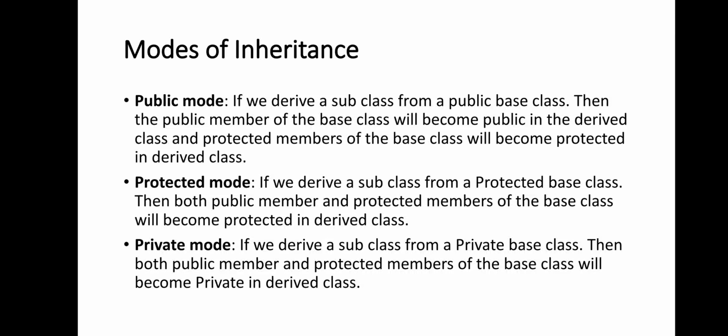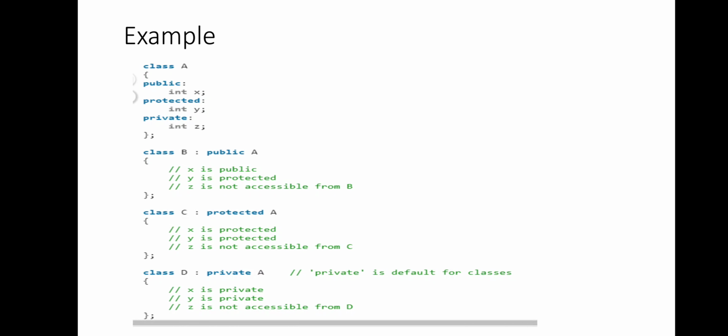Let us understand by an example. As shown in the example, there is a class A which has three different integers that are x, y, and z, which are public, protected, and private respectively.